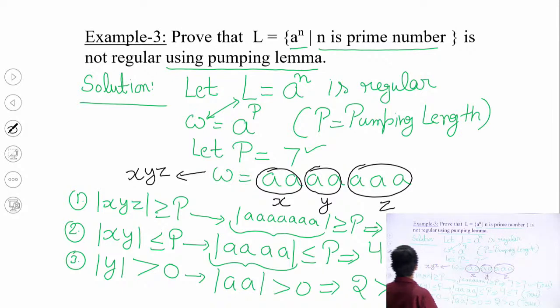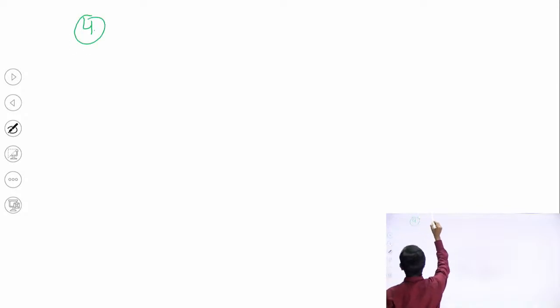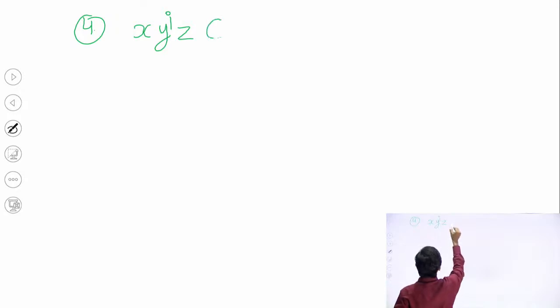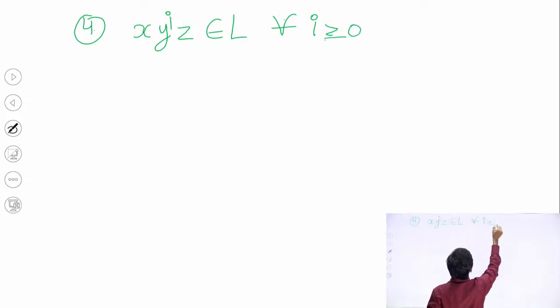Now let's see the fourth condition. Fourth condition will be x, y raised to power i and z belongs to language L for all i greater than or equal to 0.